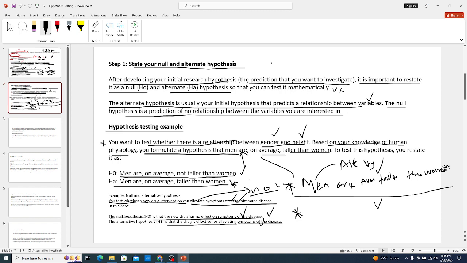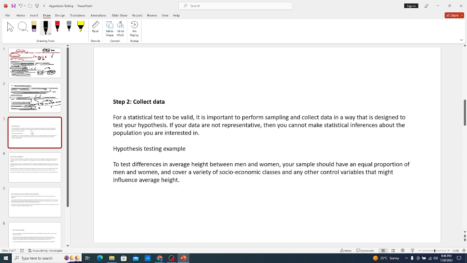Then the second part is that now we collect the data. For a statistical test to be valid, it is important to perform sampling and collect data in a way that is designed to test your hypothesis.